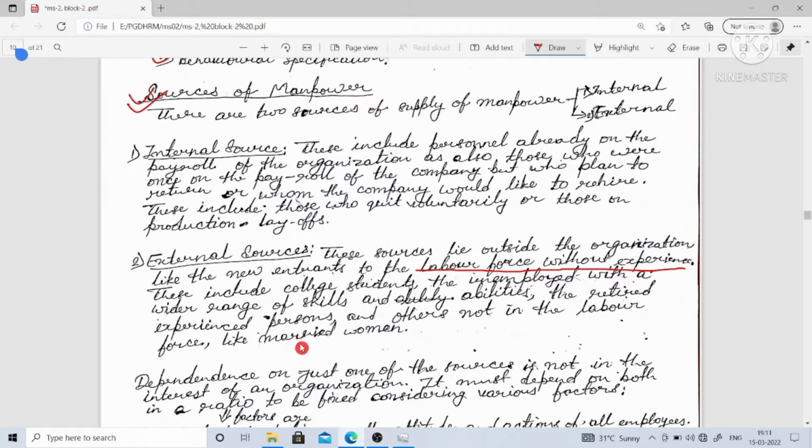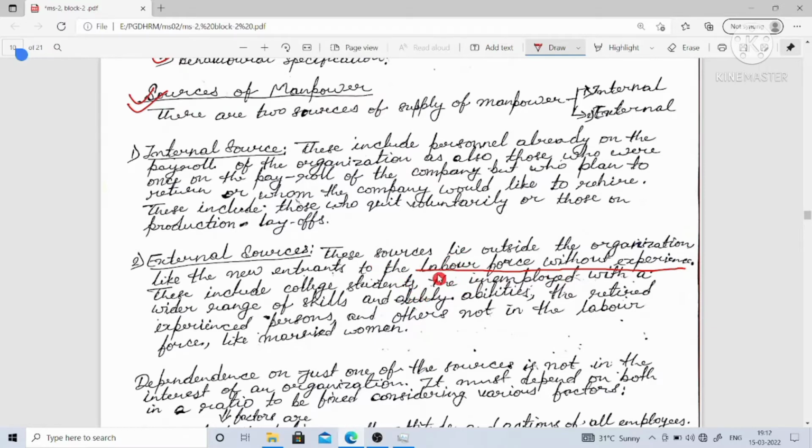So these are the people who can be candidates for the organization, and from these sources the organization can hire employees so that it can work effectively.